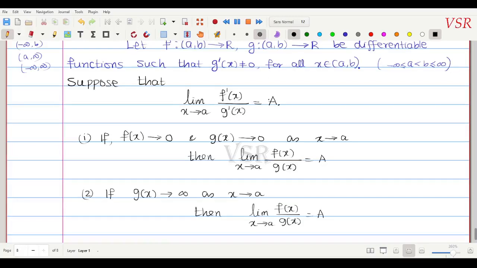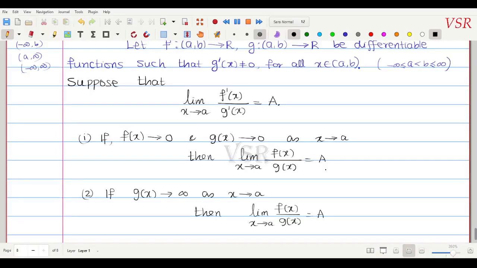If the limit of f'(x)/g'(x) exists as x tends to a, then in the first case, f(x) tends to 0 and g(x) tends to 0, so f(x)/g(x) cannot be calculated directly since it is of 0/0 form. No, it is not 0/0 form; it is not going to be infinity, it is going to be capital A. This is the L'Hospital rule.